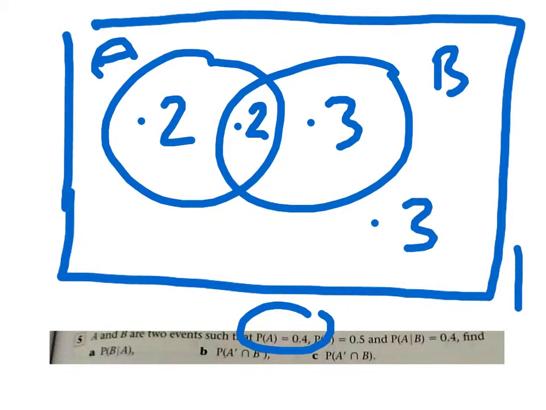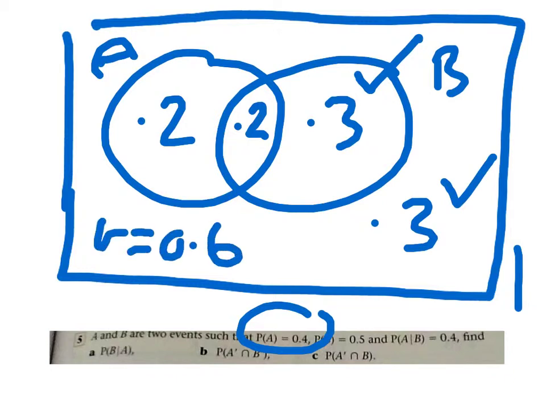So for part B, what's the probability that we're not in A and we're in B? Well, not in A and also being in B are these two. So the answer for that is 0.6. Okay, so part B, let's put that there, B equals 0.6.